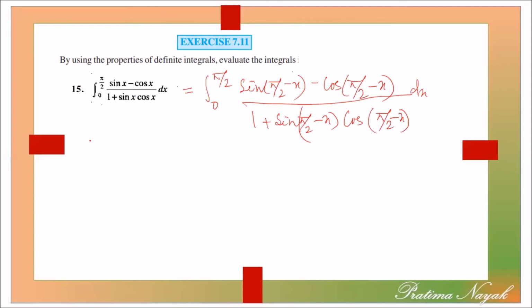What you are getting is cos x first, sin x will be negative, and the denominator will remain the same.